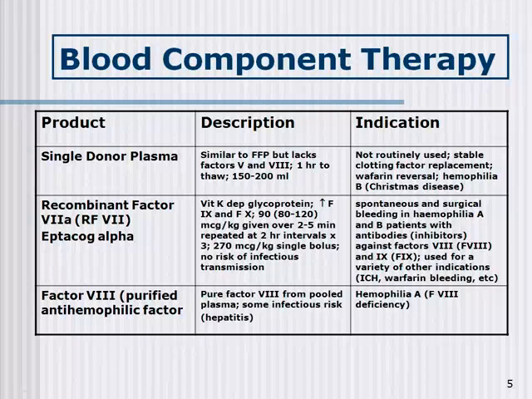Again, the indications are widely varied, but generally spontaneous or surgical bleeding in hemophiliacs, patients with antibodies against factors 8 and 9, and it's being used in a wide variety of other indications, as I mentioned earlier, intracranial hemorrhage, patients bleeding on warfarin, and with some evidence of success.